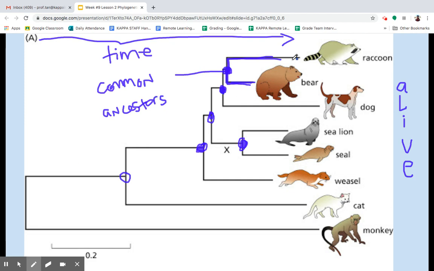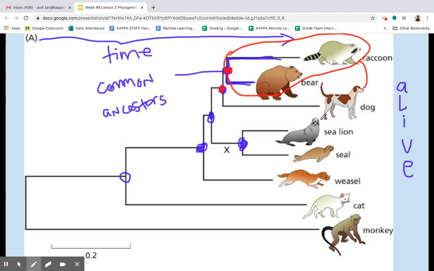Now, this also shows us what species are more closely related. So, any species that is directly connected by a common ancestor is more closely related. So, for example, the bear and the raccoon are more closely related than the raccoon to the dog because their common ancestor happened closer in time than the dog's common ancestor with the bear and the raccoon.